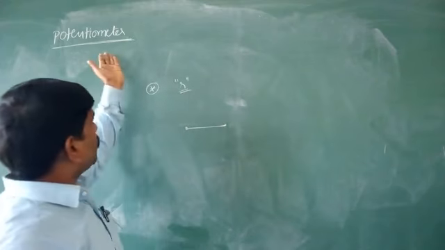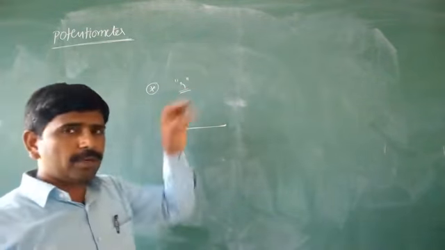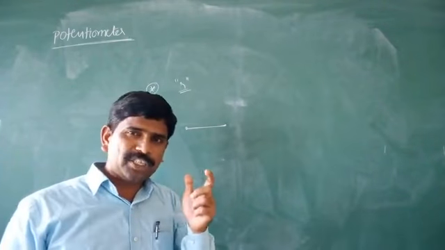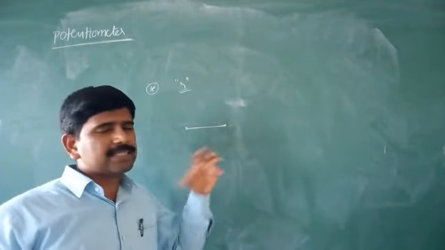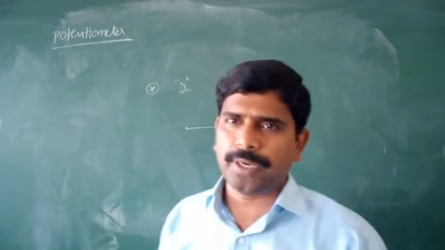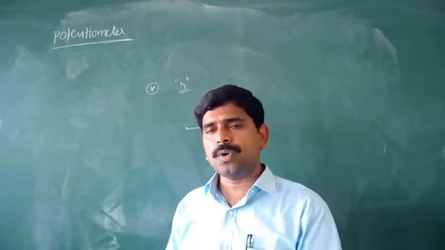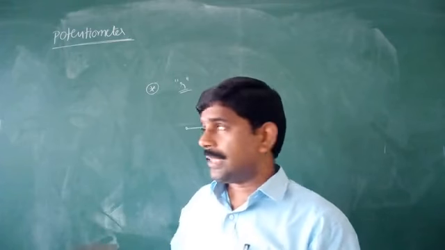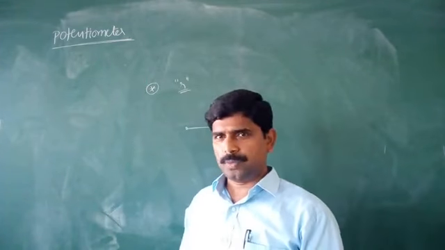So by using the potentiometer, if you find out the potential difference between 2 points in the given circuit, it is more accurate. That's why we are using the potentiometer.